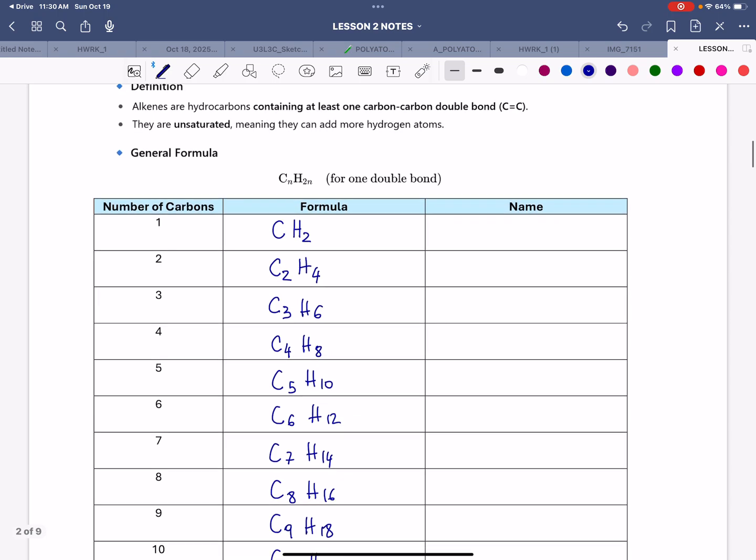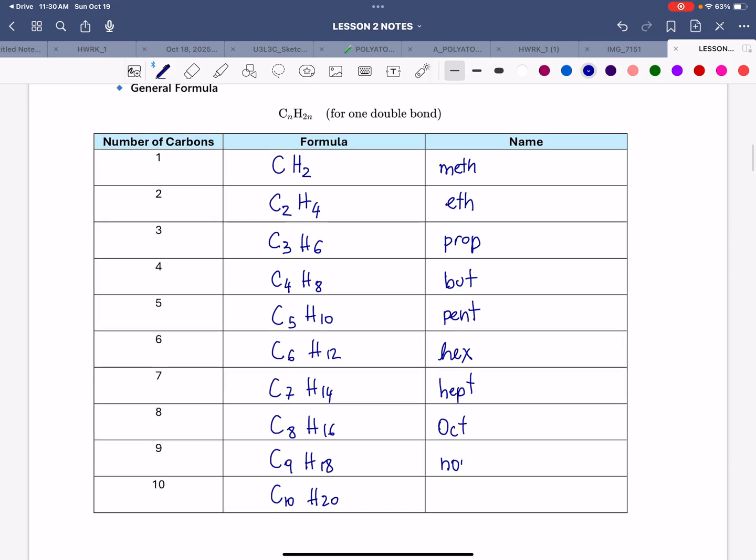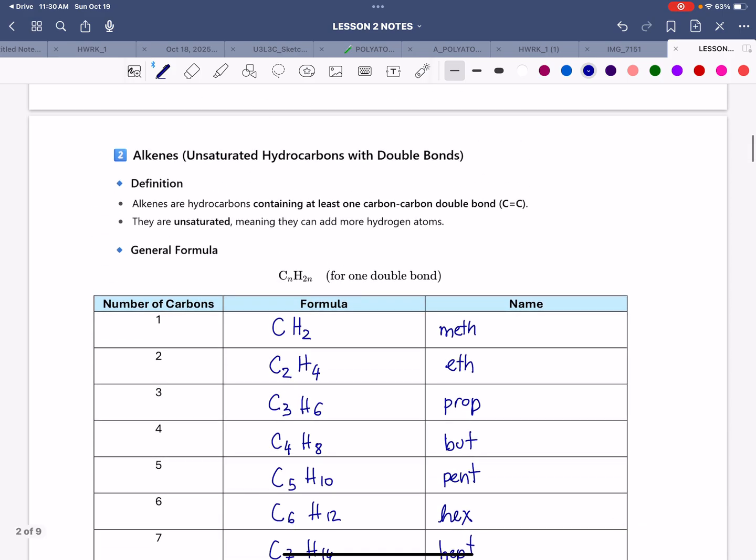Now let's start with naming. The prefix will be based on the number of carbons. So this is going to go meth, eth, prop, but, pent, hex, hept, oct, non, and dec. Next we are going to add the ending, which is going to align with the ending of the word alkenes.